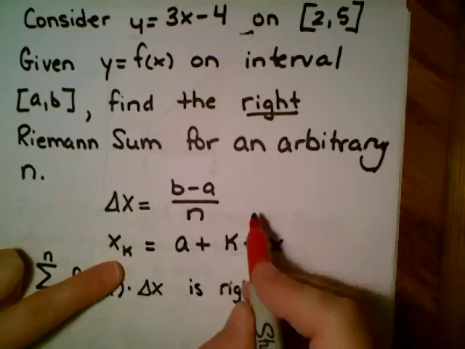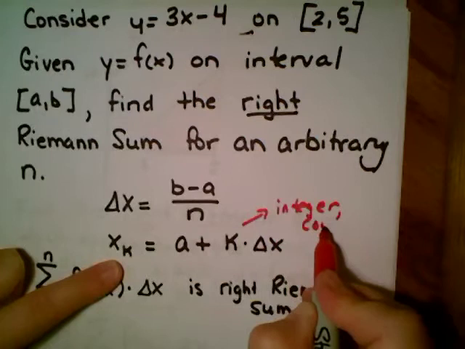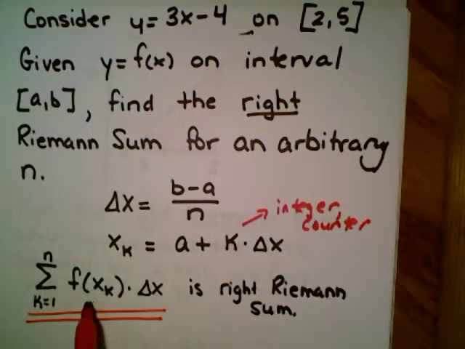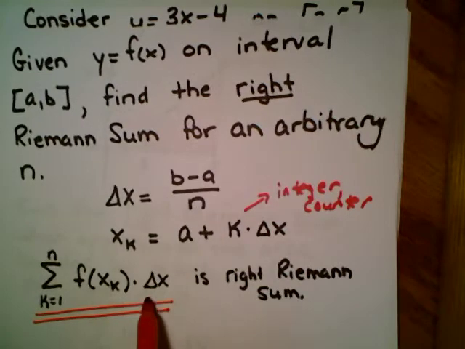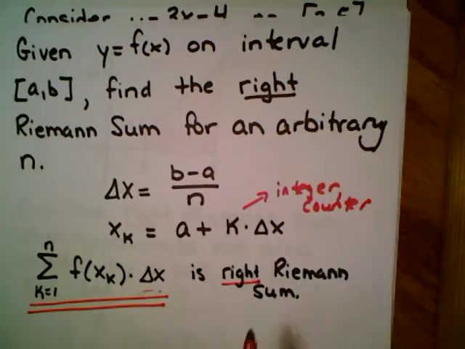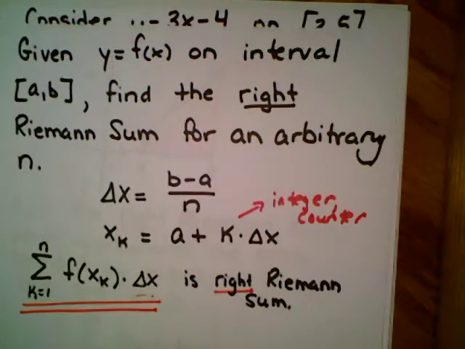K changes, k is an integer because it's a counter or an index. And we're going to learn to write down an expression in summation notation, height of a rectangle times width. The grid points are the right endpoints of the interval, so that we create this right Riemann sum. Okay, let's get to that.